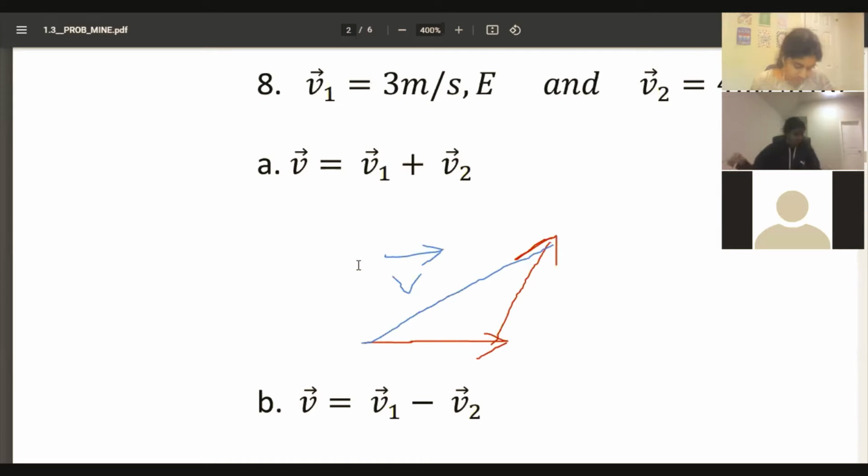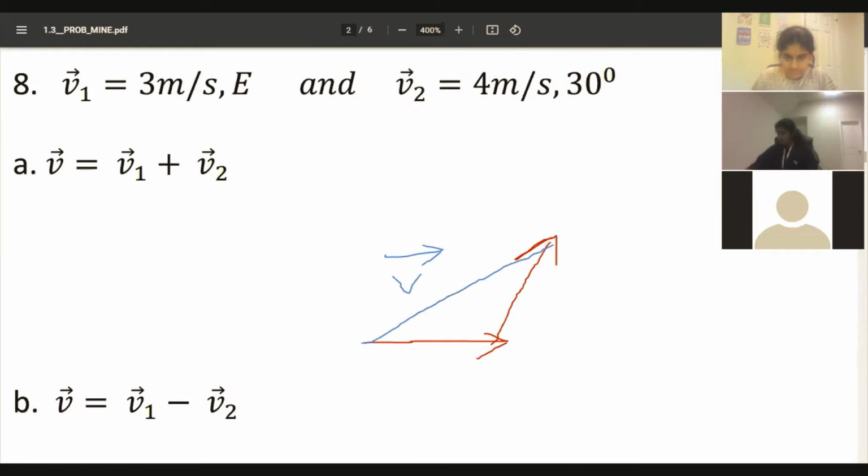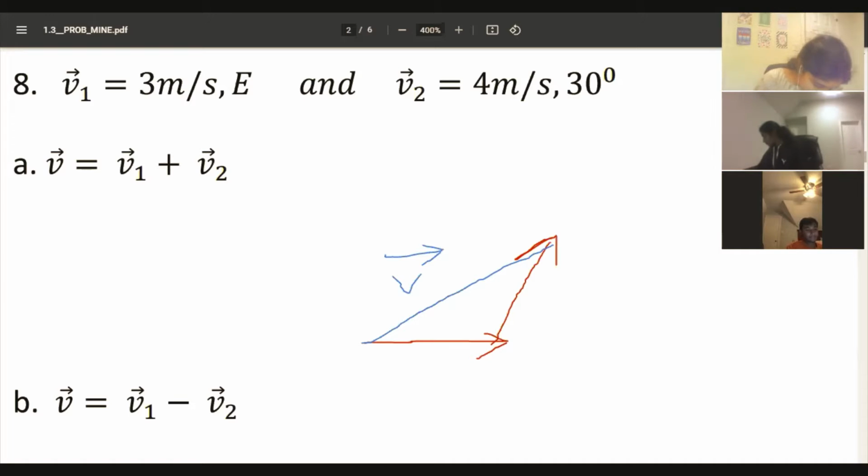So what I'm going to do instead is turn this into a right triangle. This is only if you're asked to find what the value of V is. So I'm going to add that, so that way it becomes a right triangle, and then we can easily find what this value is.